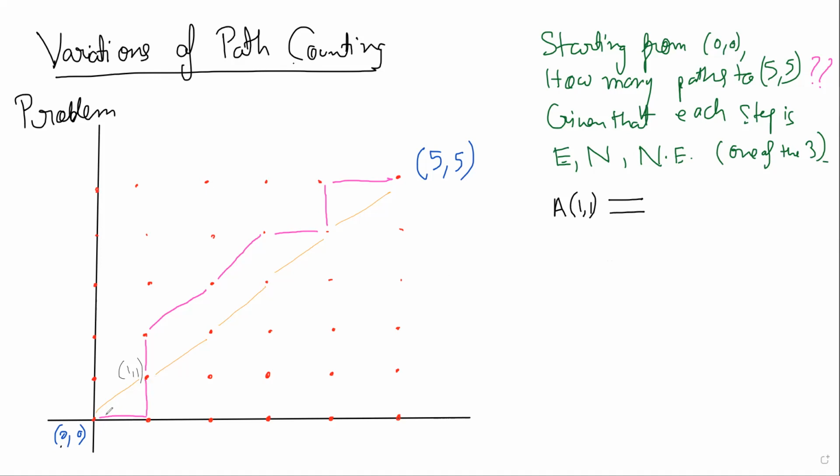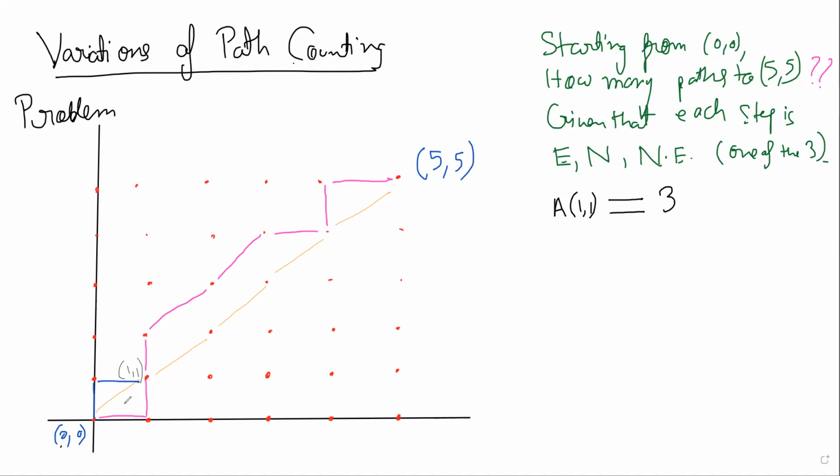How many ways are there to go from 0,0 to 1,1, given these three moves that we have? Absolutely right. Three ways. Does everybody agree to that? There are just three paths. You could just draw them and see. So there are just three ways.